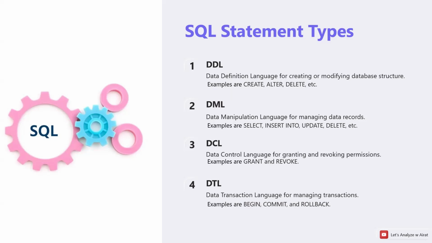The third SQL statement type that we'll be discussing is the data control language. Data control language is used for granting and revoking permissions. The fourth SQL statement type that we'll be discussing is the data transaction language. Data transaction language is used for managing transactions like the begin, commit, and rollback.